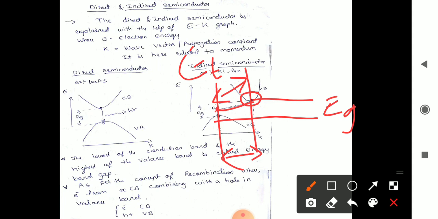It will come to here, then it will combine with the hole by falling down. So here, in the case of a direct semiconductor, the energy is conserved by giving it in the form of light. But here, the energy is lost in the form of heat, as well as a change in momentum also occurs in the case of an indirect semiconductor.